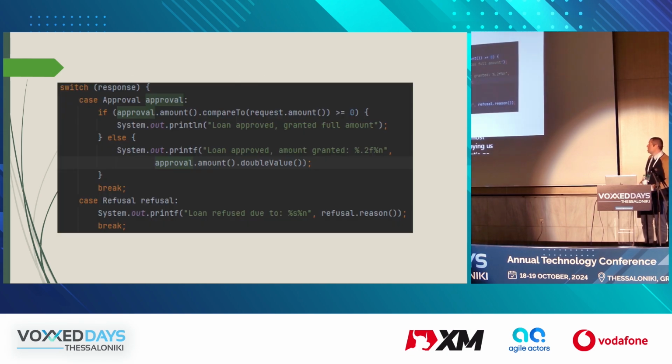With pattern matching, we definitely clean this code a little bit, because in such a case, we can just check the type of the class in the switch. So we are just making this switch on response, and if this is the type Approval, do this one, and if the type is Refusal, do something like that. Looks nice. It's a very concise construction and gives us a lot of flexibility. There is no more ugly casting and if-elsing, but still it's something that does not look good.